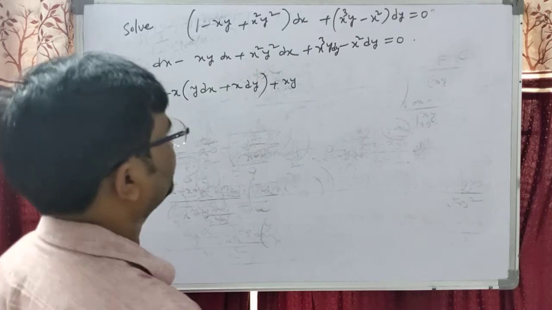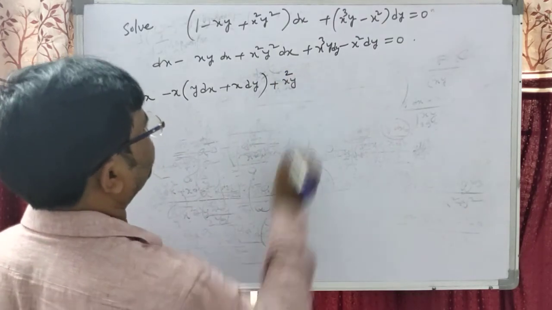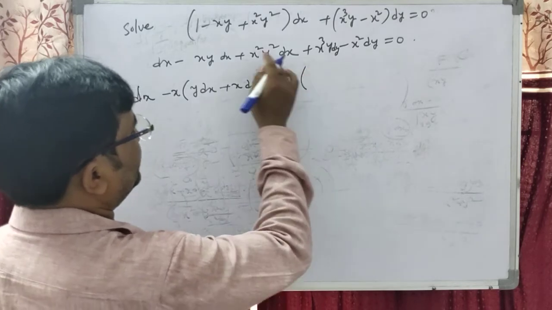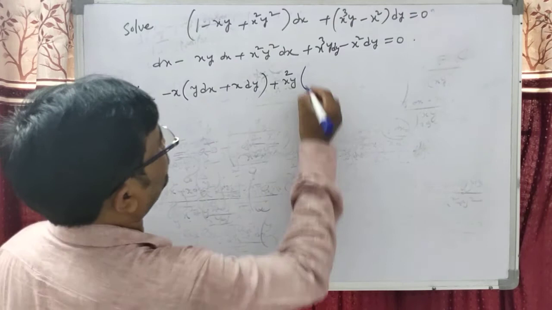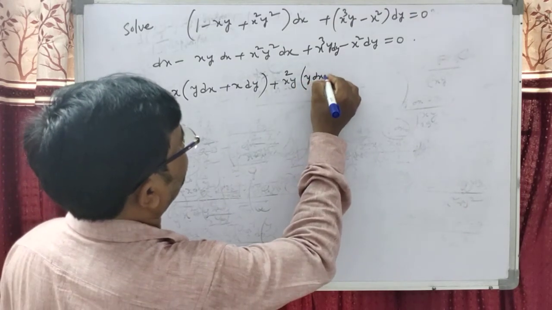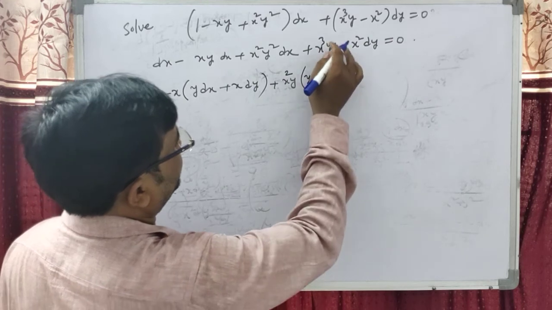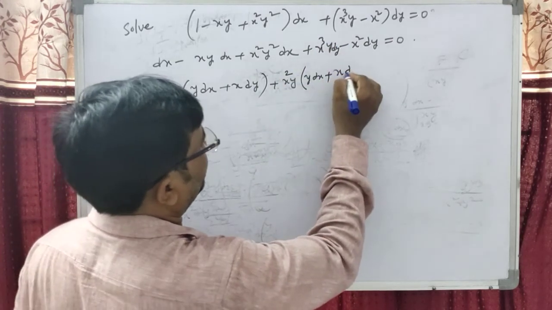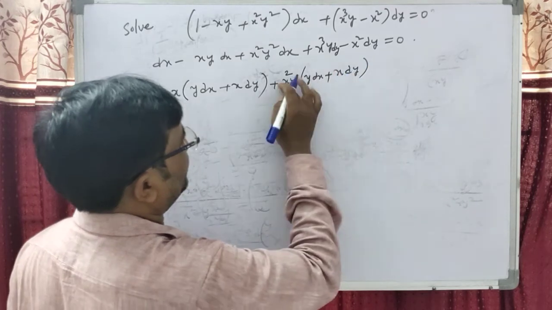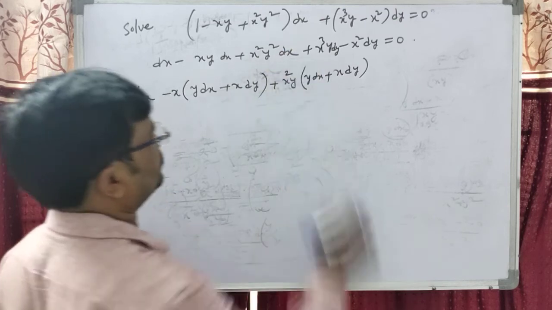When we take x square y common, what remains? Undoubtedly y dx, since we already took y, and x square. The remaining is x dy: x into x square is x cube, y into y square.